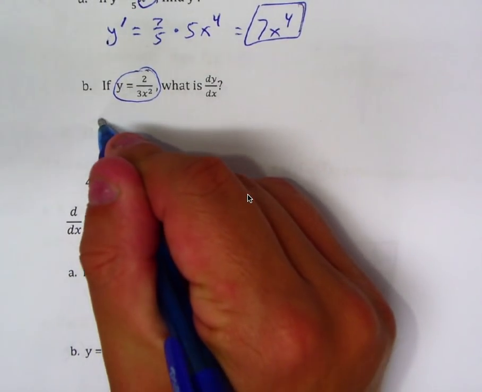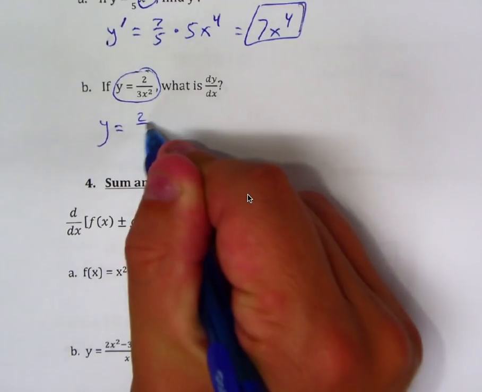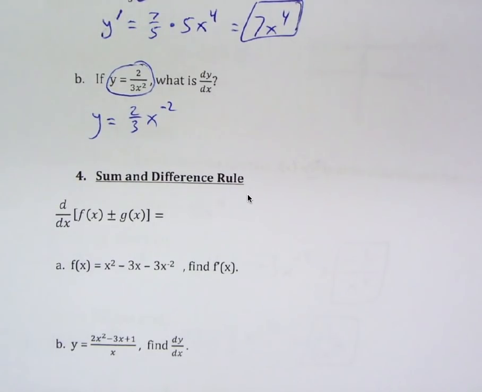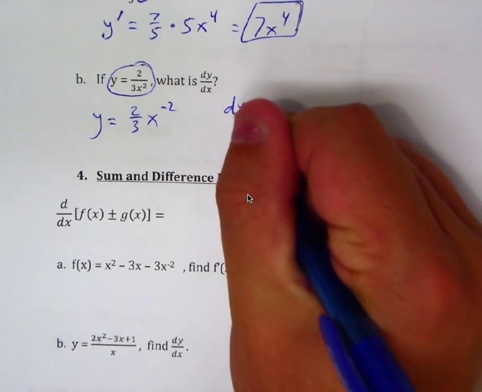So I can rewrite this as 2/3 x to the -2nd power. You can move that x squared out of the denominator and rewrite it as x to the -2nd. And then we can find dy dx.